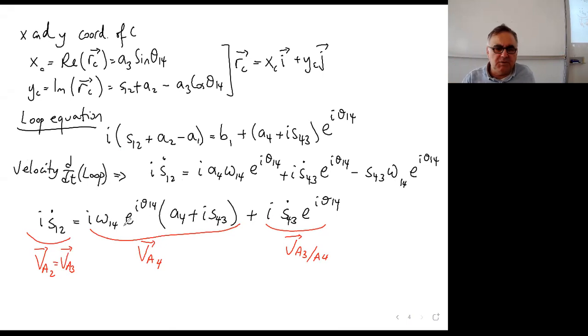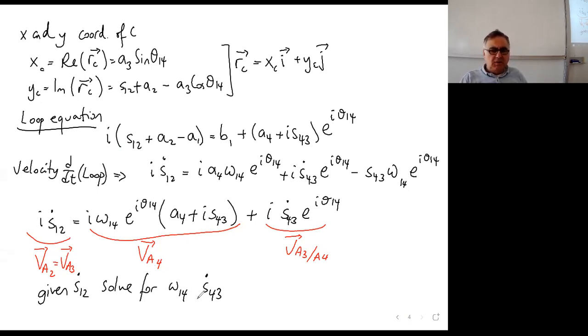Here, with this equation, we would like to solve for S12 dot. You would like to solve for omega 1,4 and S43 dot, okay?